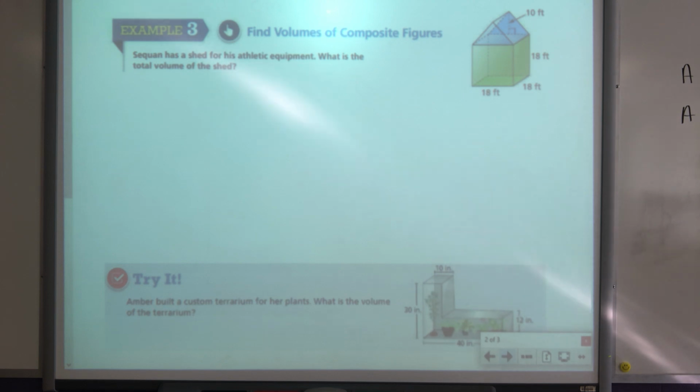All right, flip it over. What do you see? Squares and triangles?